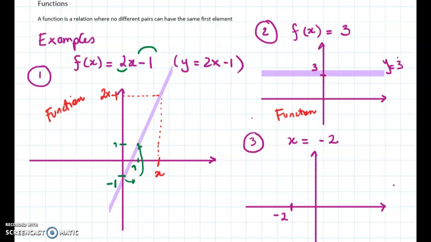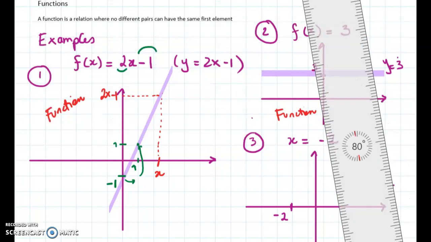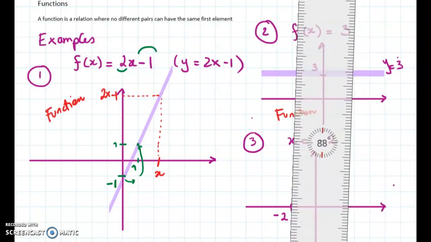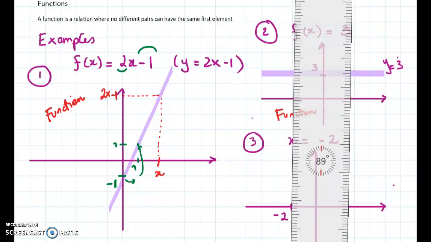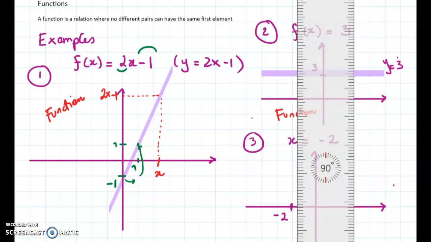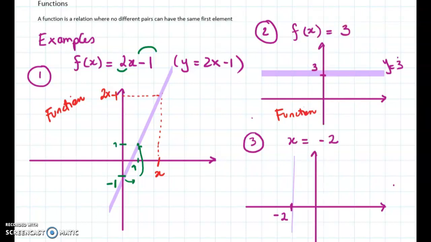I'm saying that x is -2, and then I'm not saying anything about y. Actually, y can be anything. This is a vertical line. So let me sketch it over here. Okay, it's not as straight as I would like, but let's pretend it is. So this is x is equal to -2. This is a line, but this is not a function.